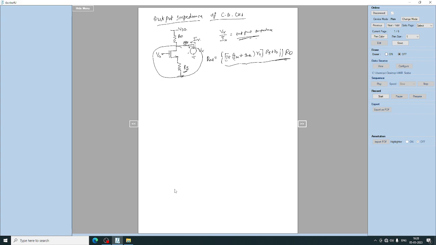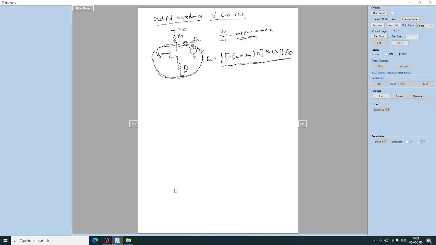I have just analyzed it intuitively from the previous discussion. We have directly arrived at the output impedance by considering the impedance of this MOSFET with source resistance, which we calculated earlier in the common source with source degeneration circuit, as (1 plus (Gm plus Gmb) into R naught) whole multiplied by Rs plus R naught.